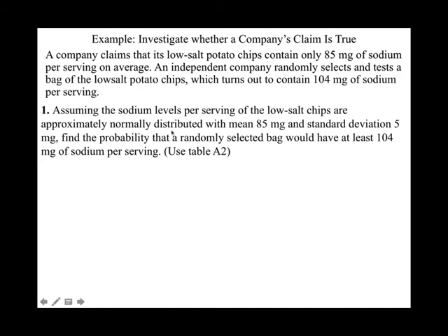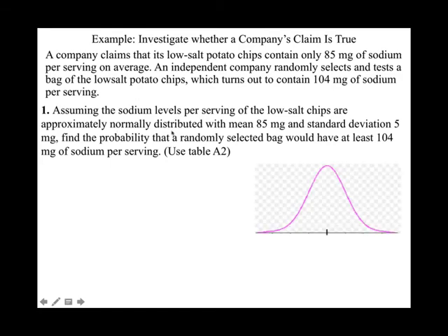This is normally distributed with the mean in the middle, 85. And then the x is going to be 104, somewhere like here. And we want to find the probability of at least 104 milligrams, so we are looking for the area in the right tail.